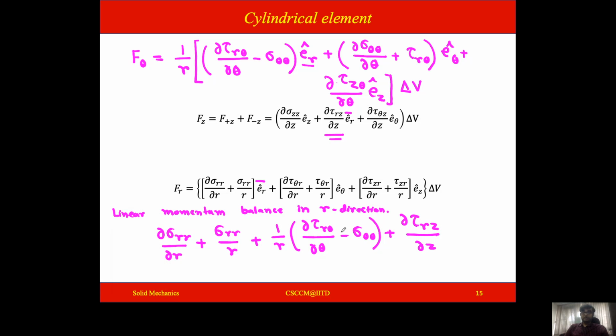Now someone was asking about body force. So along with these forces, there can be body force, which is BR in this case. Now you see it was all multiplied by del V, which I have not written. So let us multiply it by delta V, so that is equal to mass into acceleration.